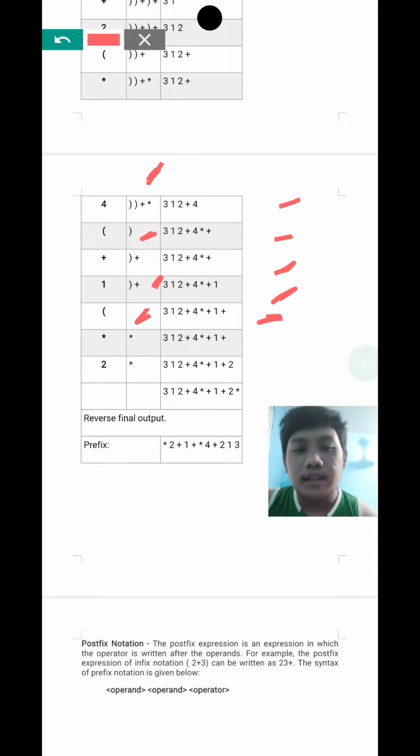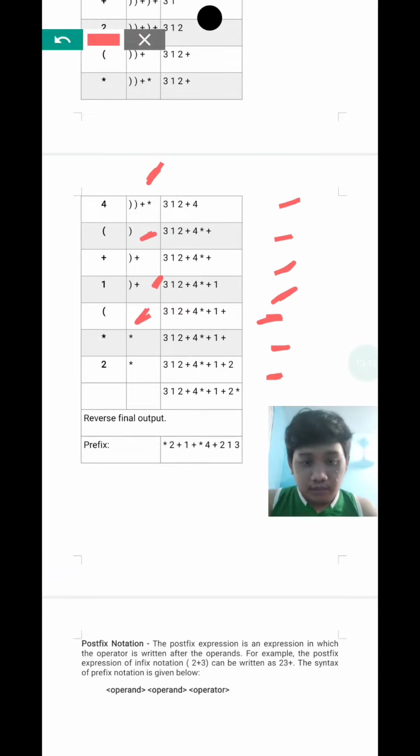Next is the times character. It is added to our stack since it is an operator, and our output is as it is, 312 plus 4 times plus 1 plus. And lastly, the 2 character or operand is added to our output, so 312 plus 4 times plus 1 plus 2.